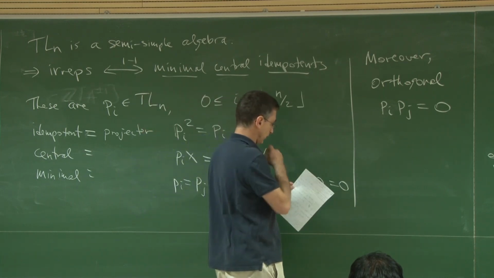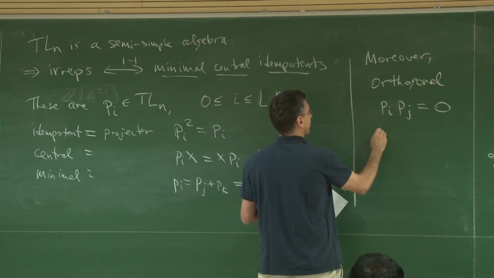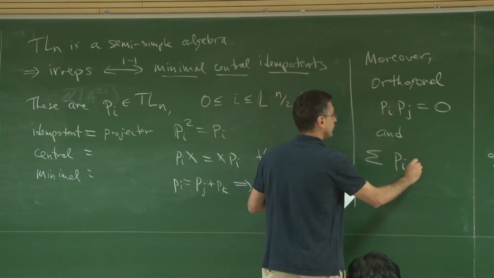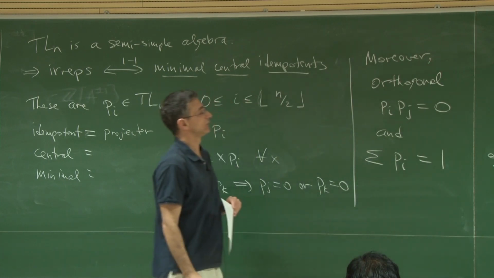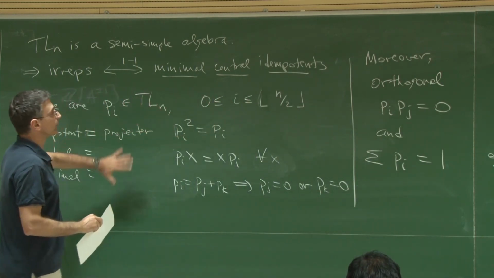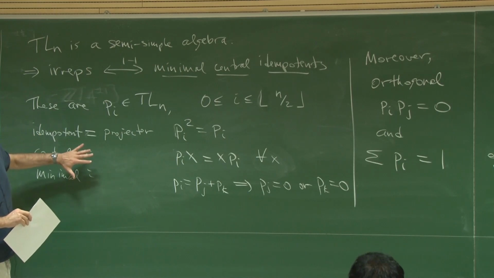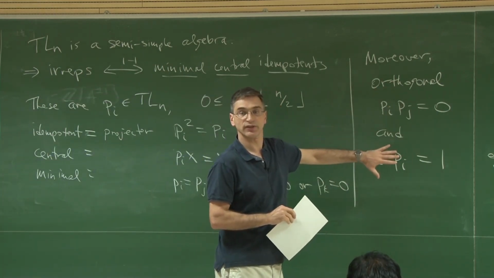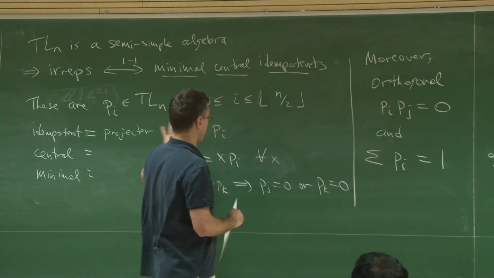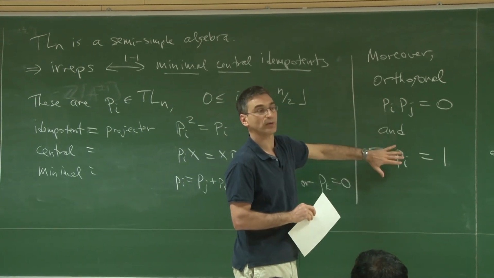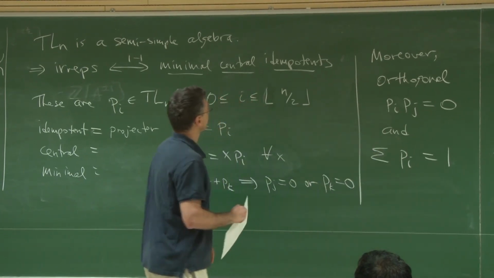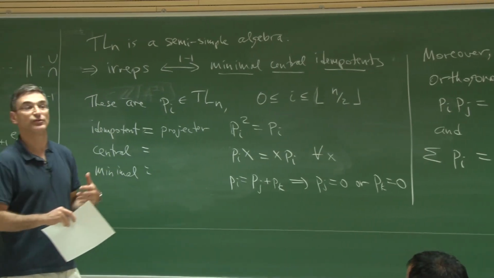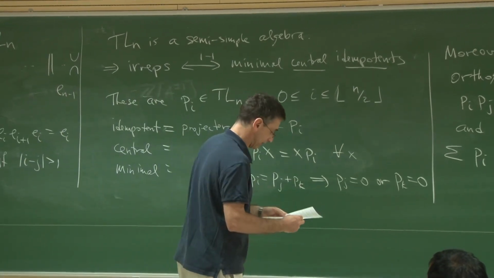And they have another property, which is that the sum of all of them is equal to 1. So this is a very general algebraic statement, and this is particular to these von Neumann algebras, these particular TLNs. So this comes from special properties of these algebras. People sometimes call them orthogonal idempotents, people sometimes call them minimal central idempotents, but we're talking about the same object.